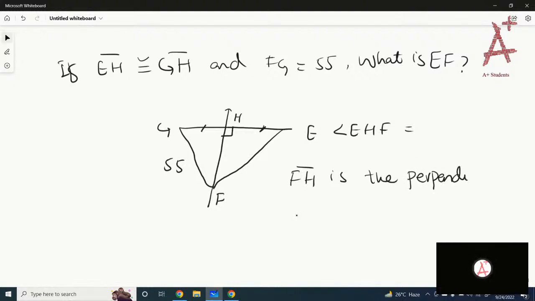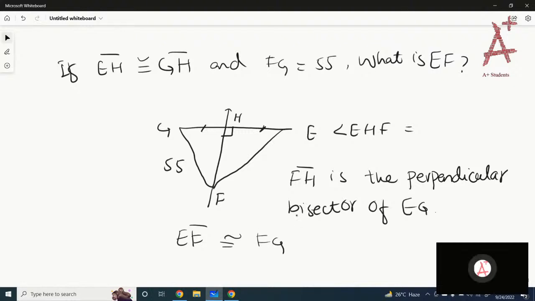That's just the understanding of the figure, the perpendicular bisector of EG. So that means then EF and FG are also congruent. Got it?